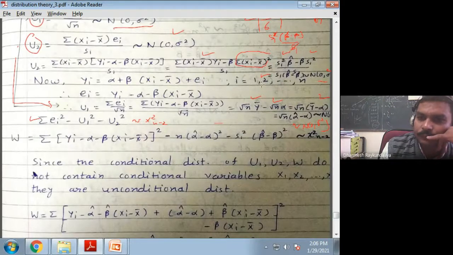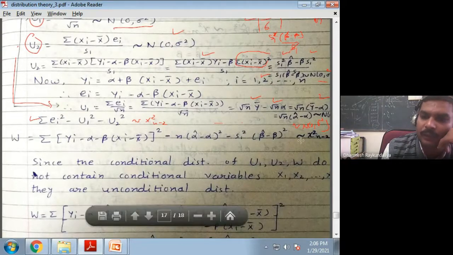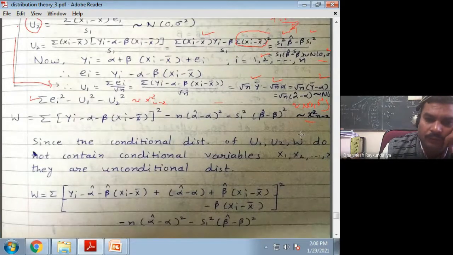And u2 is s1 beta cap minus beta, distributed normal 0, so if you take the square, it is s1 square beta cap minus beta square. And we know that by the incomplete orthogonal transformation method, it has a chi square with n minus 2 degrees of freedom. Now we will simplify this form of W.